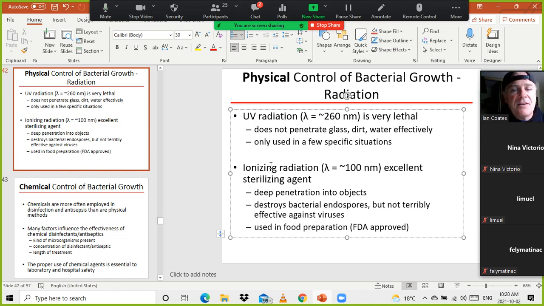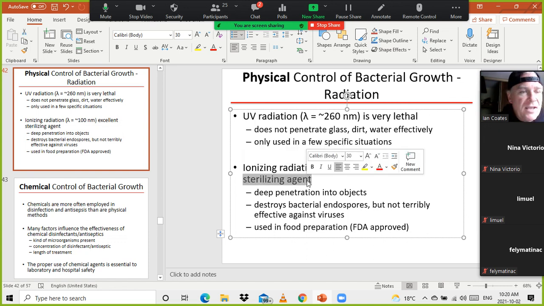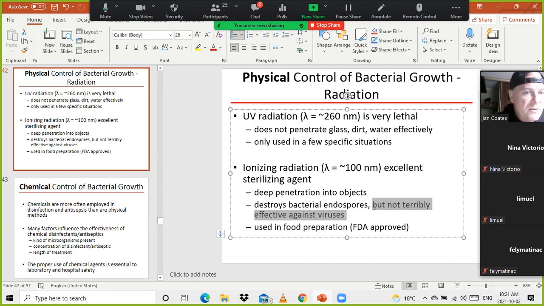Ionizing radiation is a very effective sterilizing agent. It has a smaller wavelength, which means more powerful. It's excellent for taking out bacterial spores, but not against viruses. It's used a lot in food preparation, FDA approved, these kinds of things.